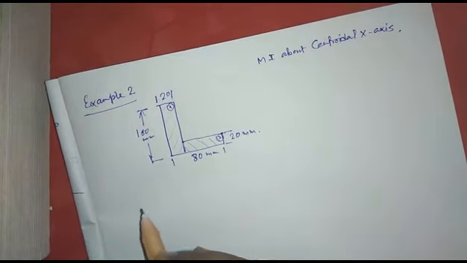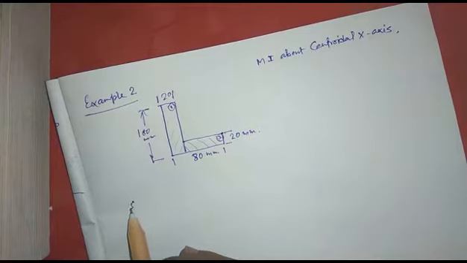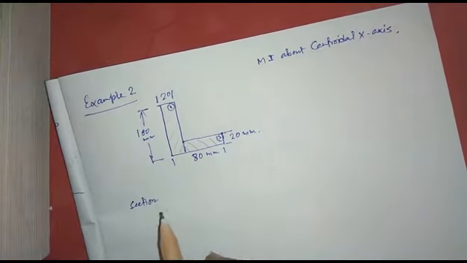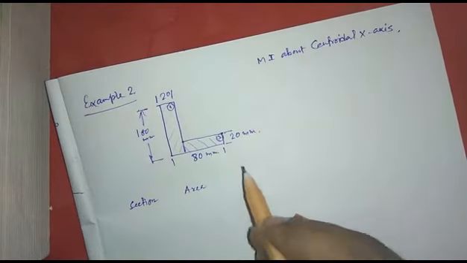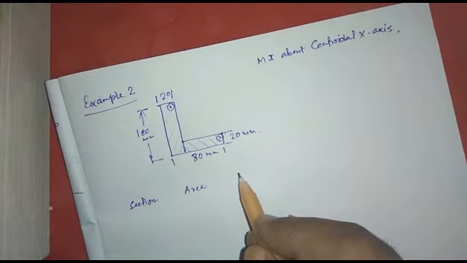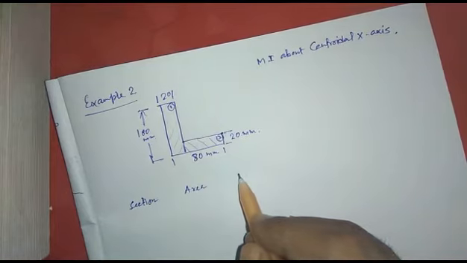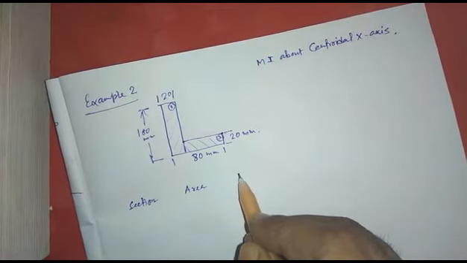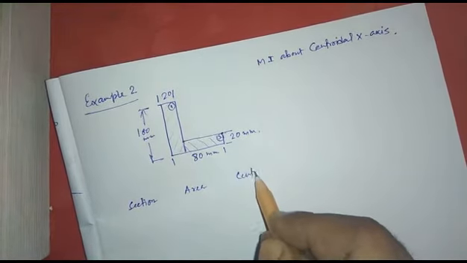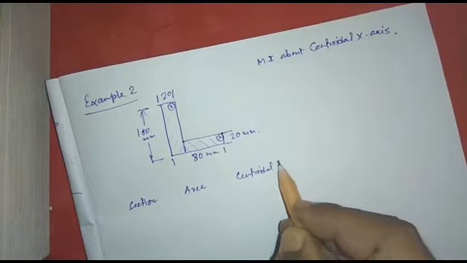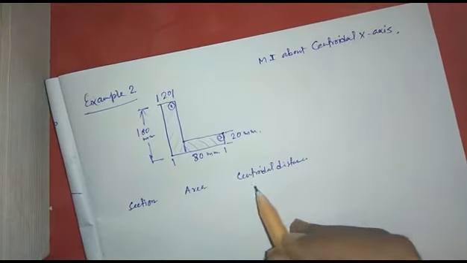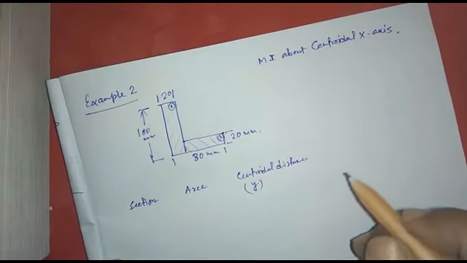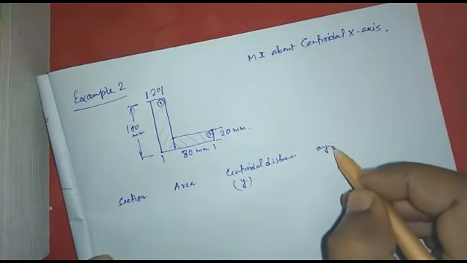So let's make the chart: section, area, centroidal distance y, then Ay.